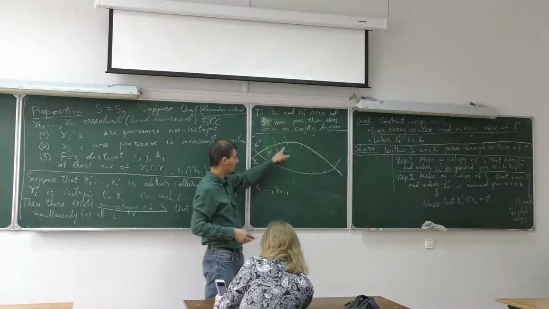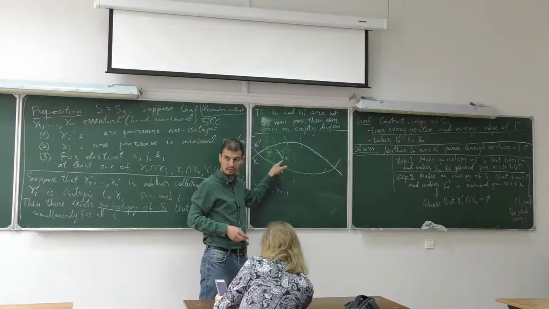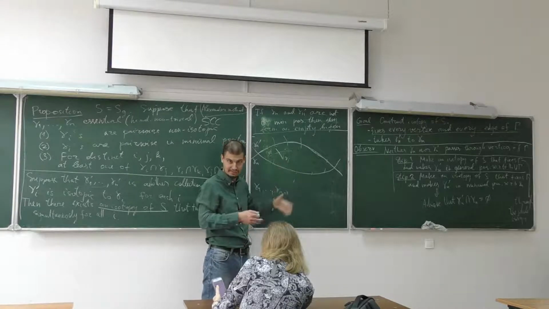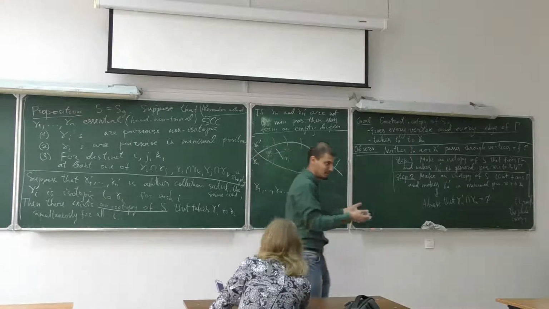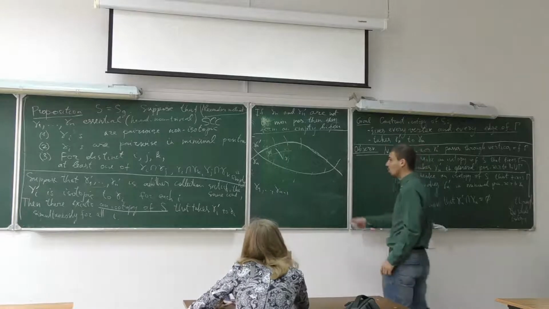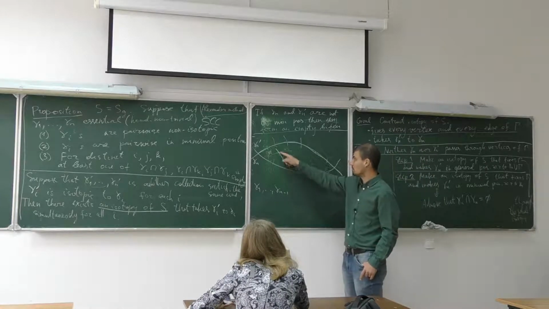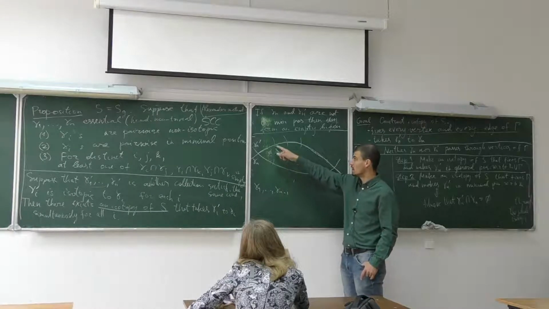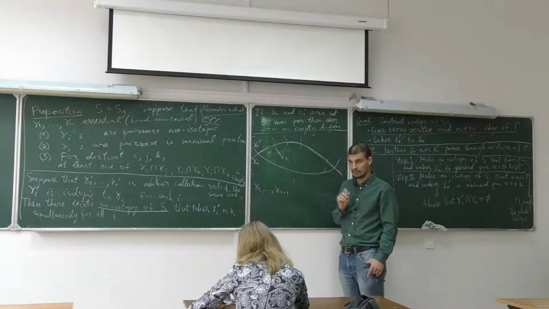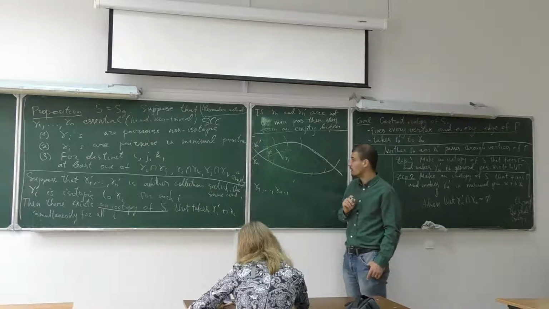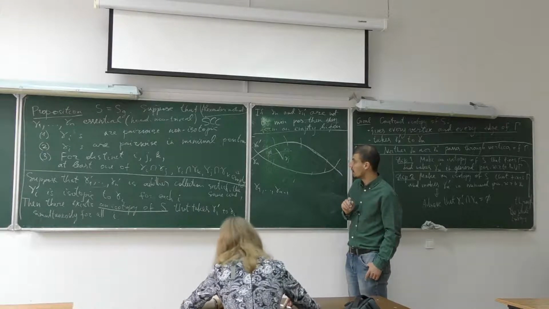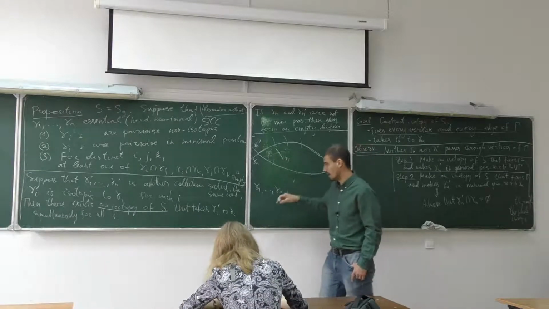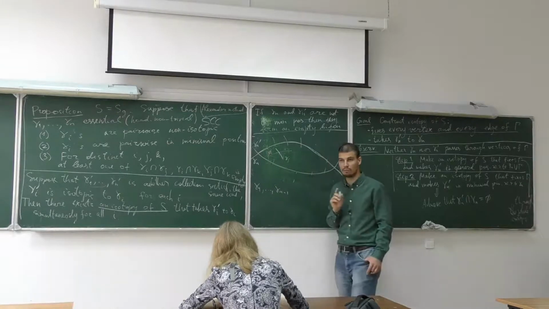Hence, it cannot be contained in this disk. If it is in the disk, then it is homotopically trivial. So gamma j must go outside this bigon. So gamma j must intersect at least one of the curves gamma n and gamma n prime. Similarly, hence gamma j must intersect both of them.